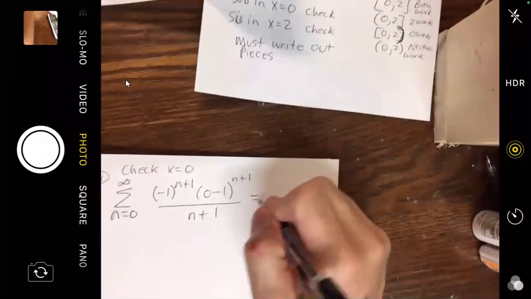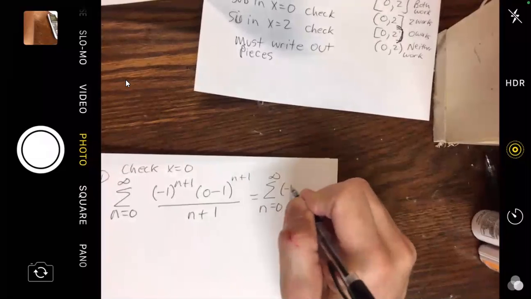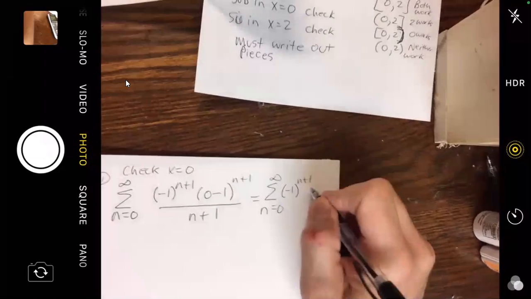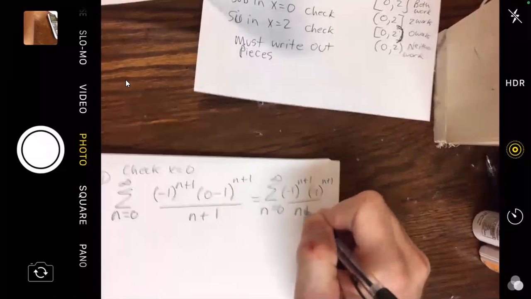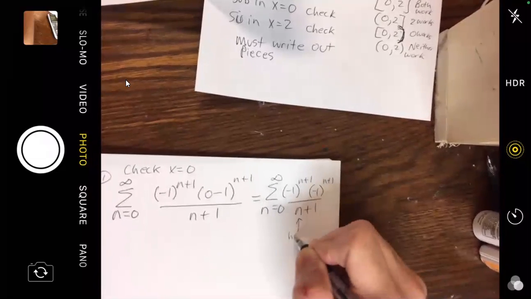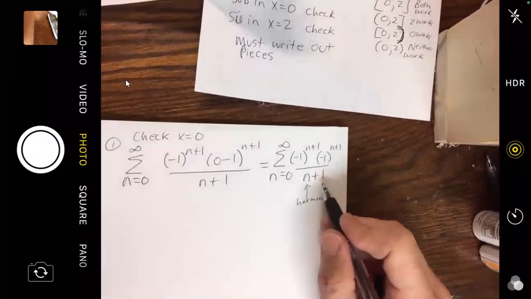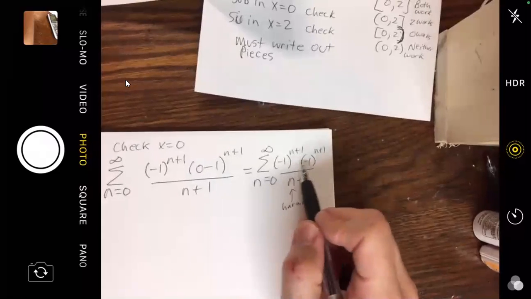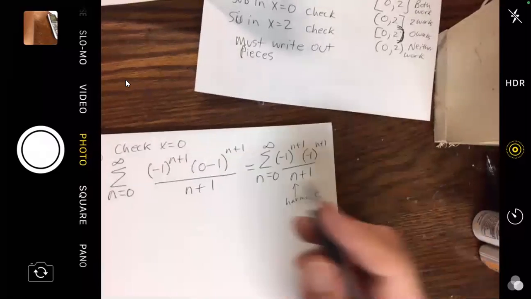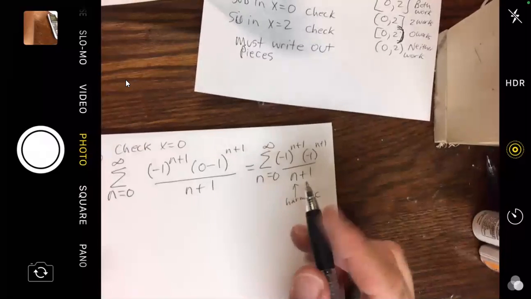So that's going to give me -1 to the n plus 1, another -1 to the n plus 1, over n plus 1. Do you recognize this is harmonic? It's first power. We're getting a harmonic here. Now, if you're really slick with your algebra, you could combine these two, but I never do that. I just start writing out pieces. If the signs are the same, it diverges.